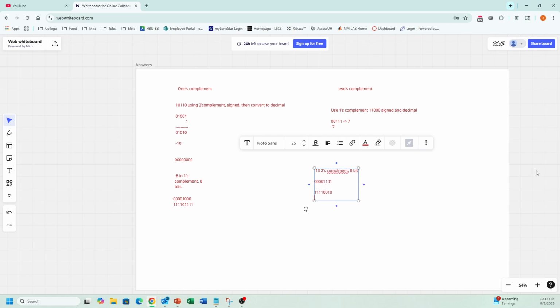Then add 1 to it. You get 1, 1, 1, 1, 0, 0, 1, 1. So that will give you negative 13 in 8-bit 2's complement.